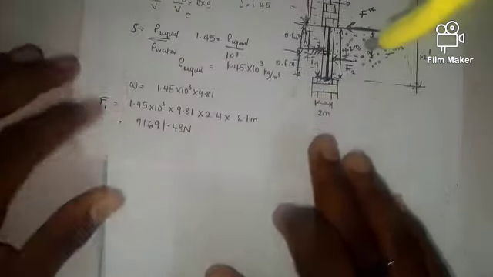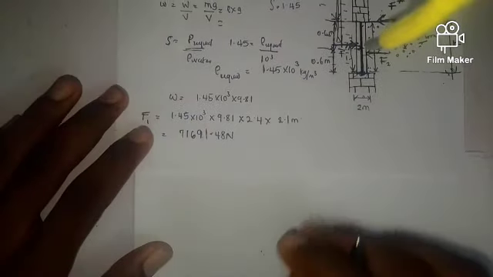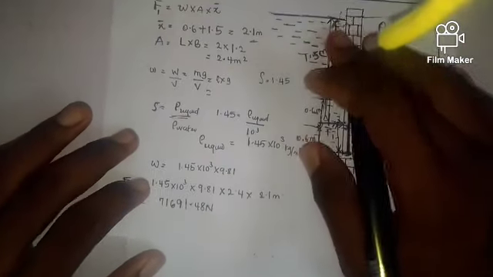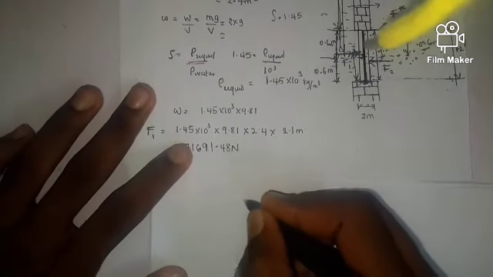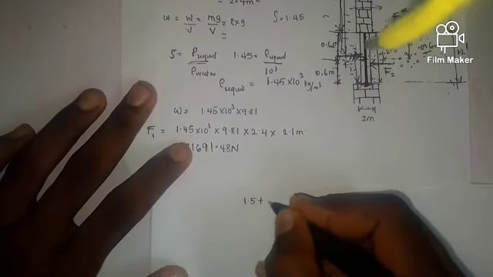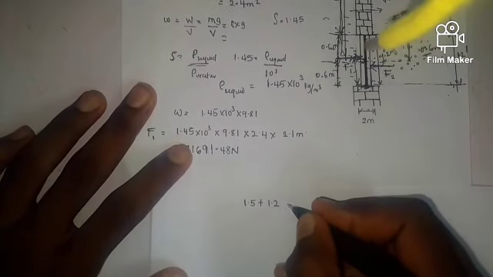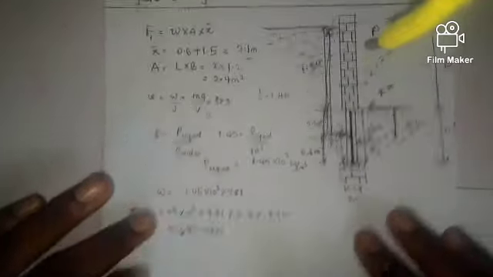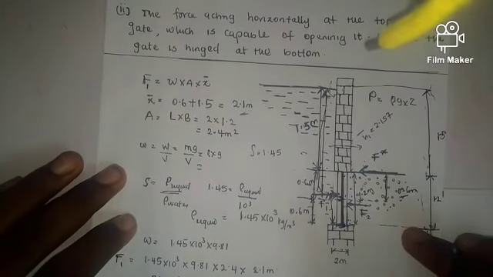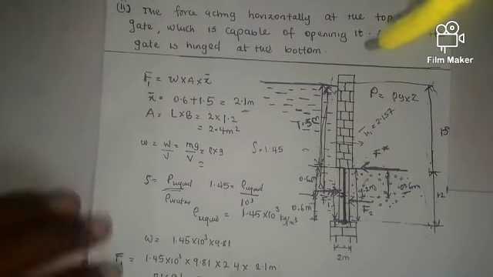So let's calculate what we're actually talking about. From this point to the hinged part, the height is given as 1.5 plus 1.2, which gives me 2.7 meters. So from here to here gives me 2.7 meters.